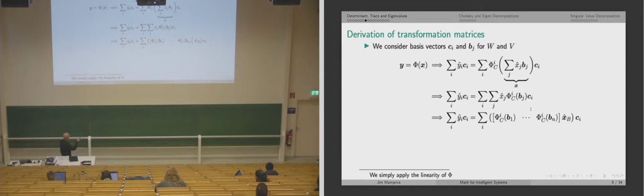So each of those is actually a scalar. It's telling us what is the scalar associated with the ith basis vector of the codomain. And this is for basis vector 1 all the way through n.